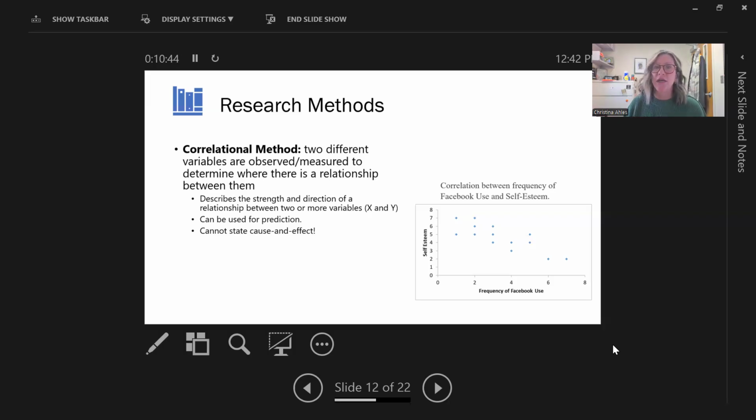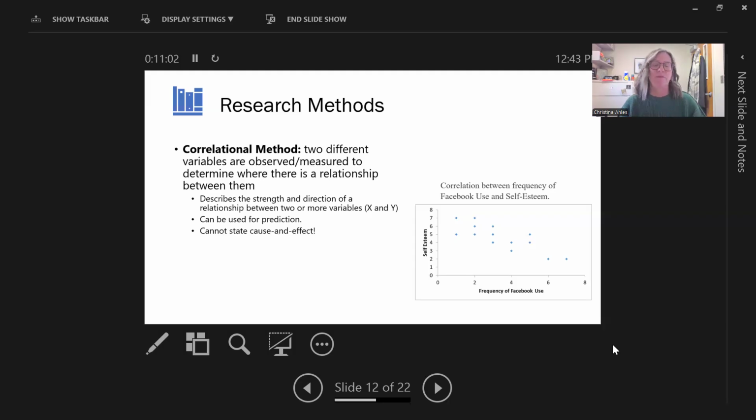It could be age, personal experiences, personality, or a lot of different things. So all we can do is say there is a relationship. We can never ever state cause and effect when we're talking about correlational research.